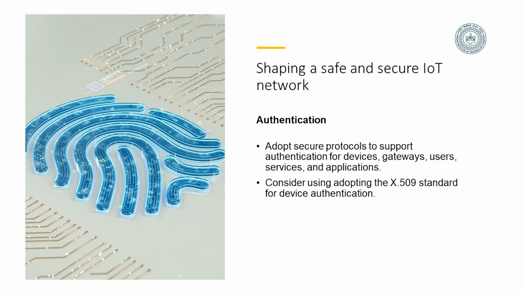We will talk about these three aspects of security. Authentication. Authentication is about adopting secure protocols to support authentication for devices, for gateways, for user services and applications. So, you want to authenticate your devices, your gateways, the users who are on it, the services and the applications.